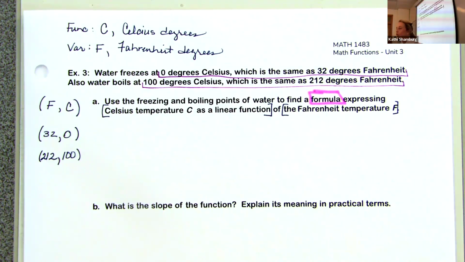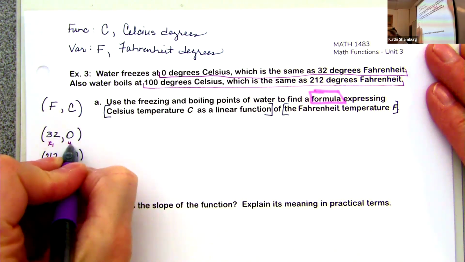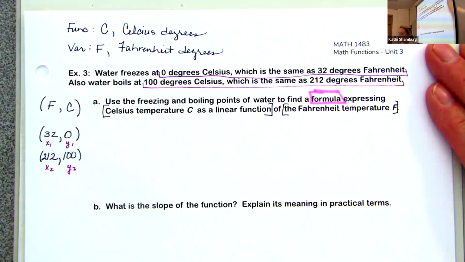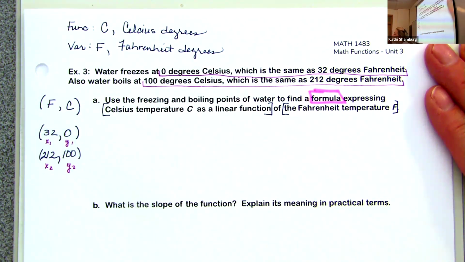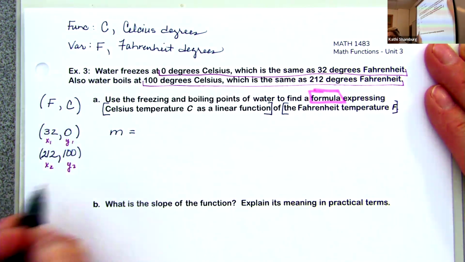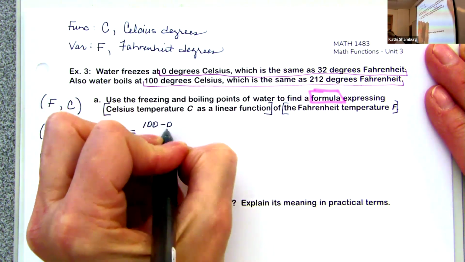Okay. All right. So in order to find the formula, we need two things. We need the slope and we need the initial value. So we're first going to find the slope. So this goes back to when you're given two ordered pairs. We're going to apply the formula that we looked at. I'm going to label this x1, y1, x2, y2, because the slope formula is the difference in y's. So it's y2 minus y1, 100 minus 0.